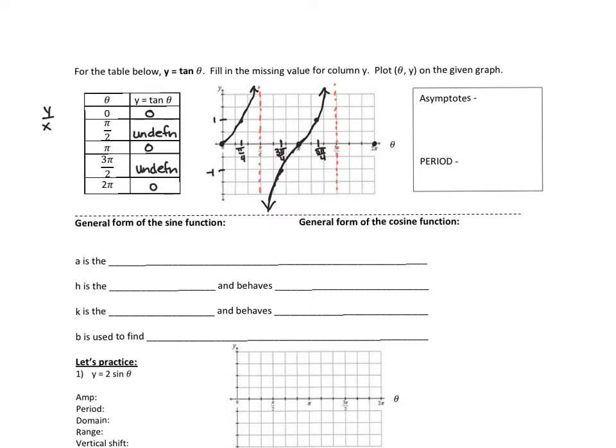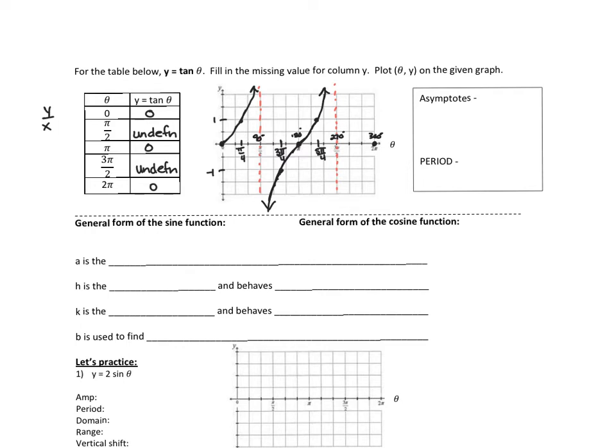So it'd be nice to know what it was doing between 270 degrees, because this is my 90 degree pi over 2, this was my 180, this is my 270, and then this is 360. It'd be nice to know what it's doing between 270 and 360 degrees.